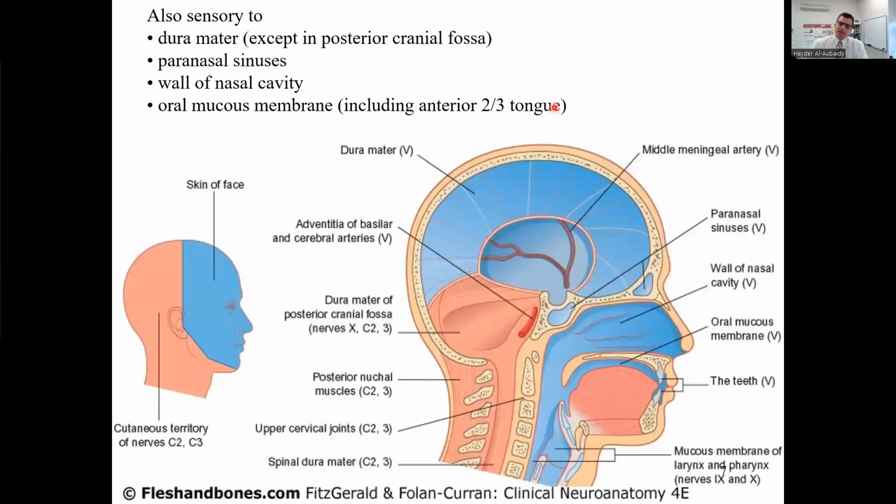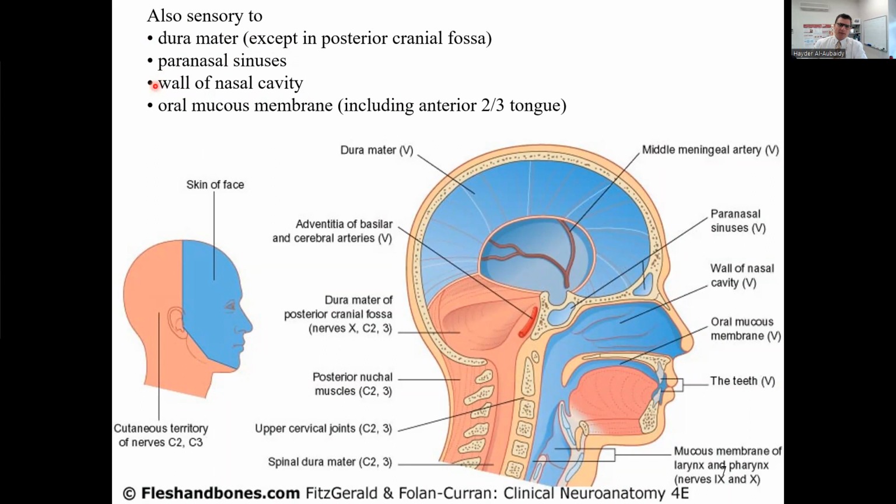What else? In addition to the sensory input from the face, the trigeminal nerve is responsible for carrying sensory input from the dura mater, all these bluish colors, and from the paranasal sinuses. Remember, we have 4 pairs of paranasal sinuses: frontal, sphenoidal, and ethmoidal, as well as the maxillary, which is not shown here.